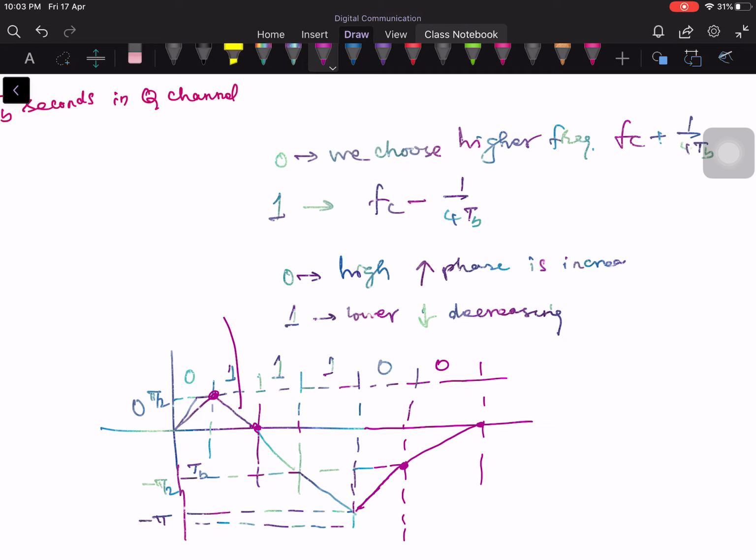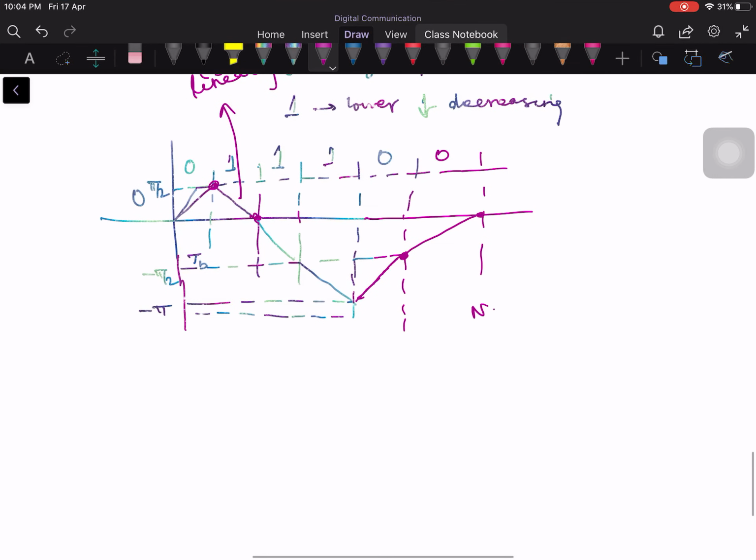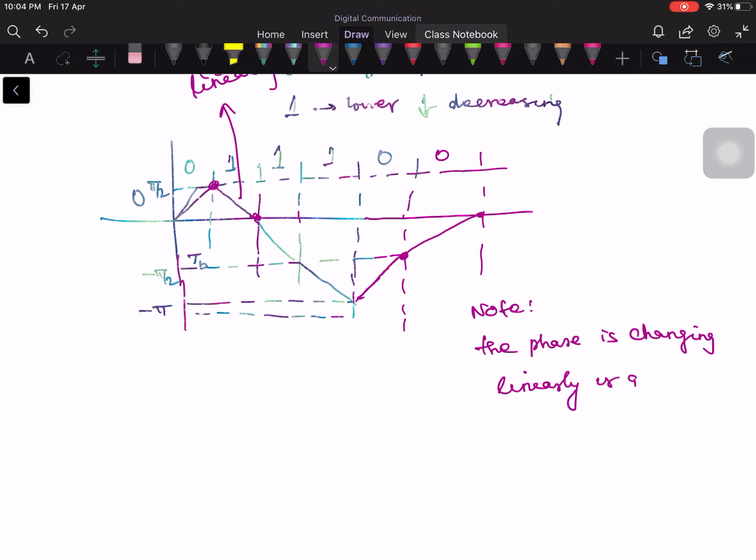Note here the phase is changing linearly, gradually, over the bit interval.